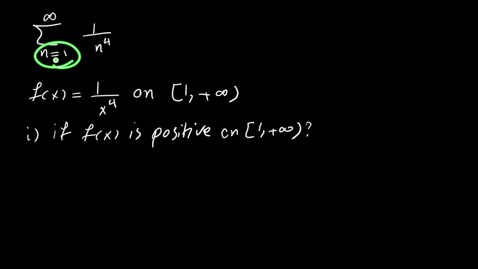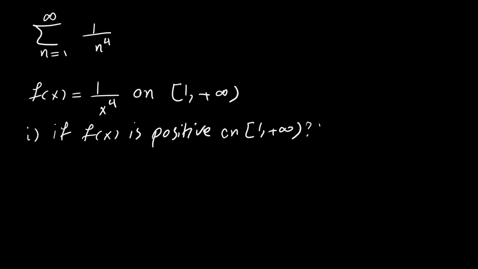Because here n starts from 1 and goes to positive infinity, or x starts from 1 and goes to positive infinity, 1 over x to power 4 is always positive. Even if x was negative, because the exponent here is even, x to power 4 is always positive. But if here it was x to power 3, it would also be positive on this specific interval.